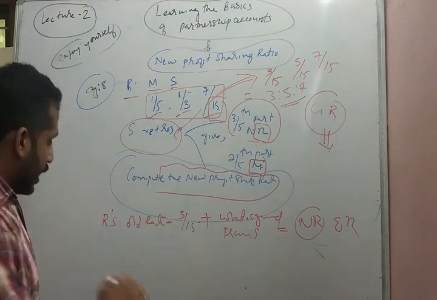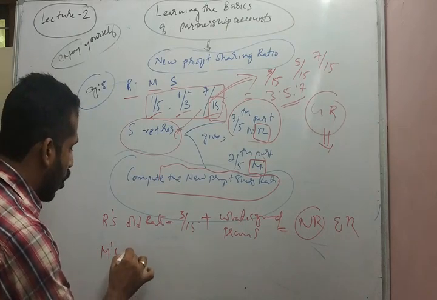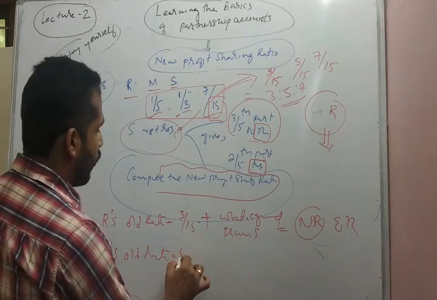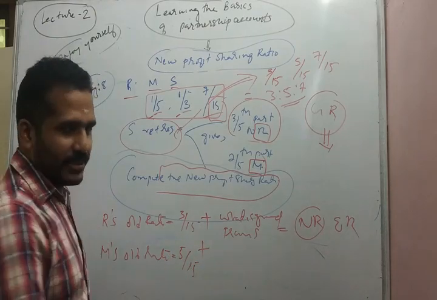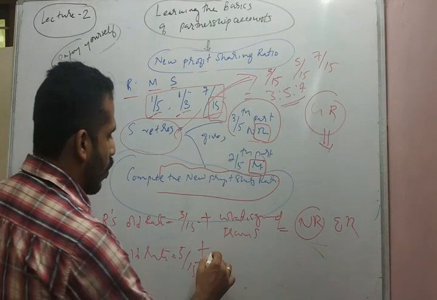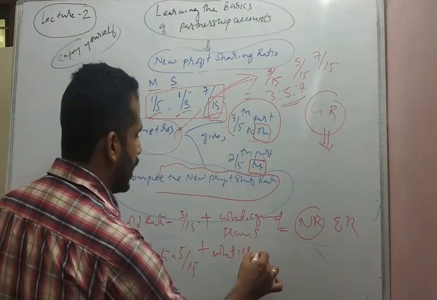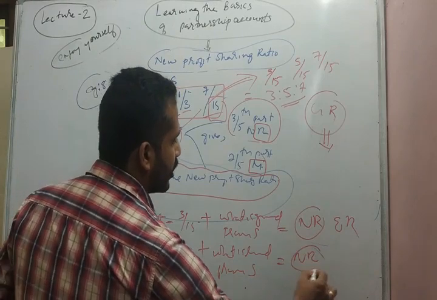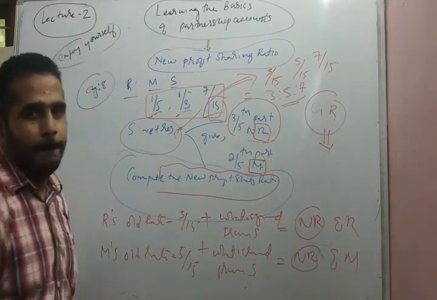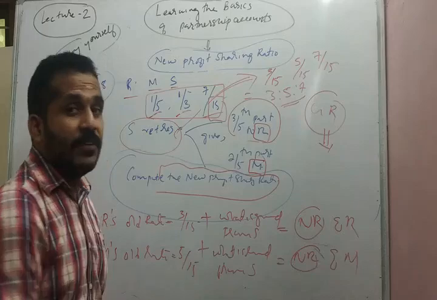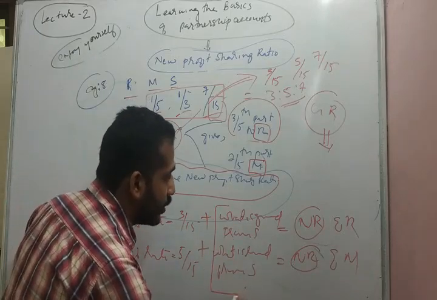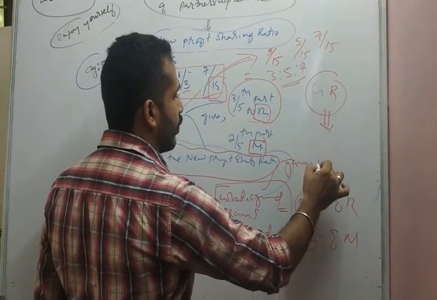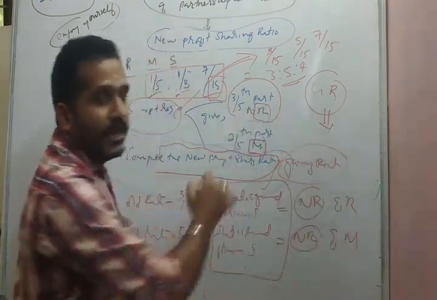Again, M's old ratio is 5/15 plus the increase, what is received from S, which is equal to the new ratio of M. What is received from S is called the gaining ratio.